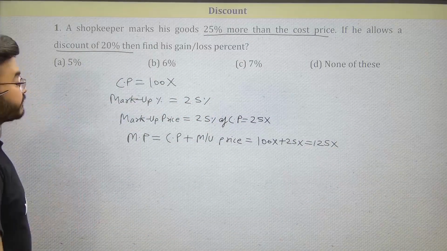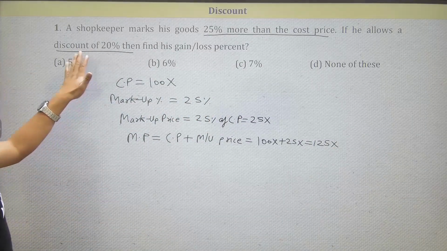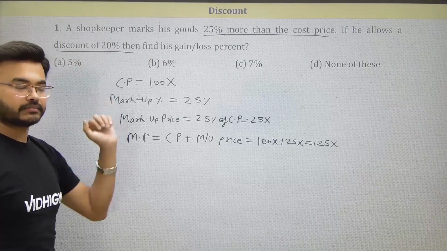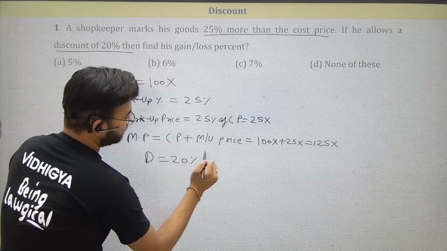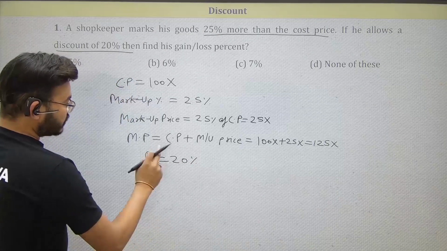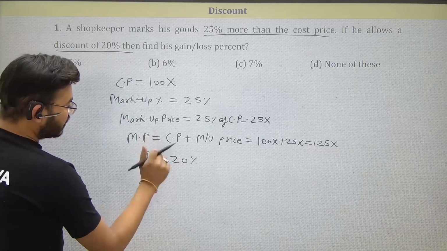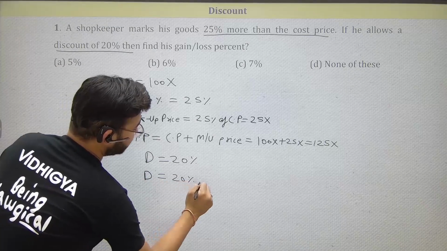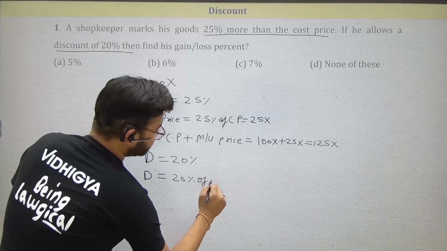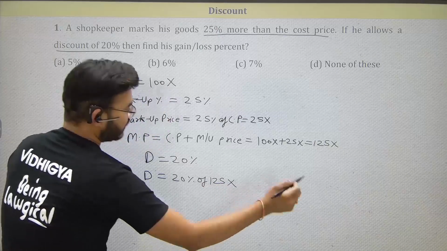Similarly, now we are given a discount of 20%. So discount is always given on marked price. So the value of discount will be 20% of marked price, which is 125x.